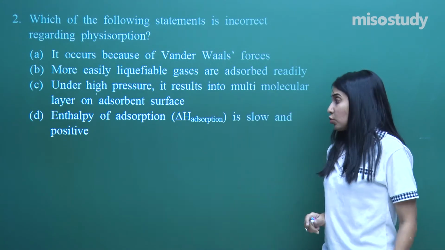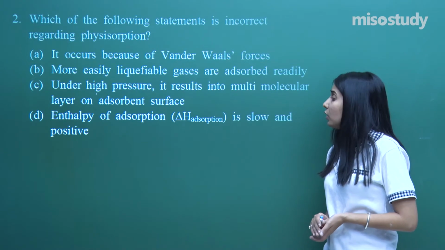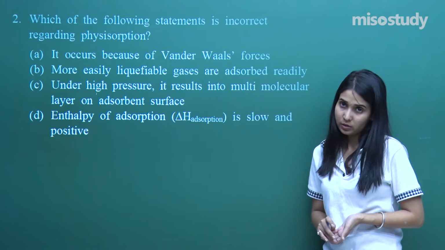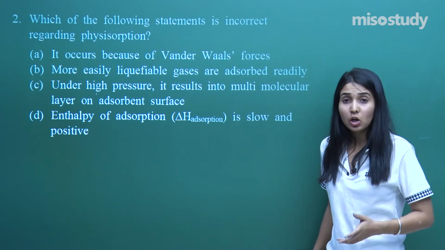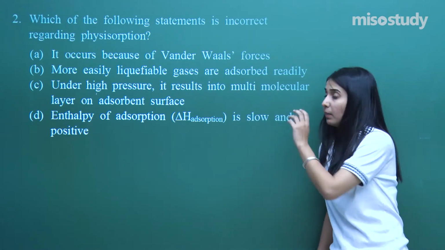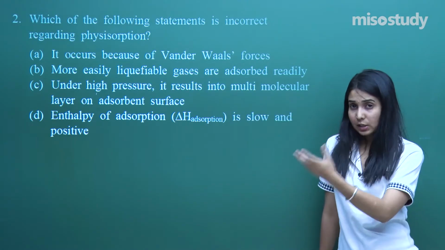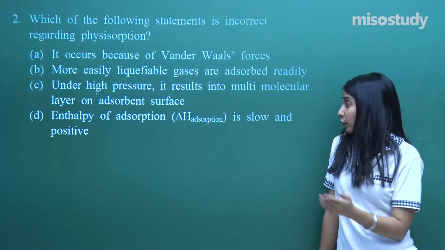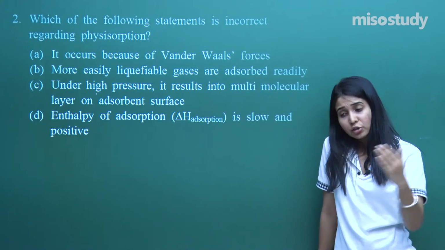Coming up to the last one, it says that enthalpy of adsorption is low and positive. Is it true? Well, of course not, because I know that my physical adsorption process is exothermic in nature, right? If it is exothermic in nature, it has to move forward.